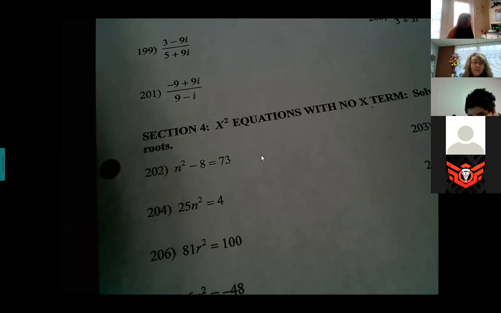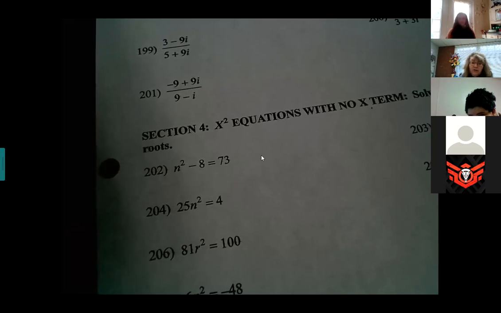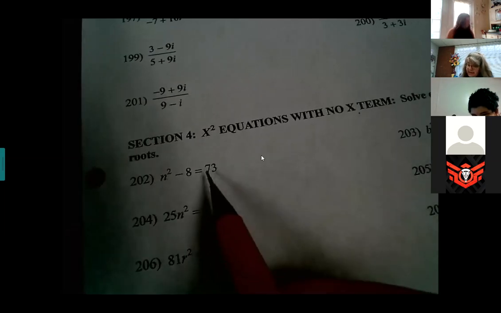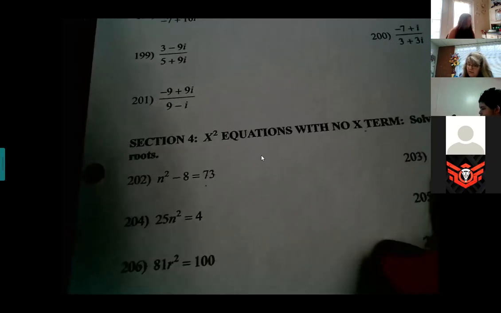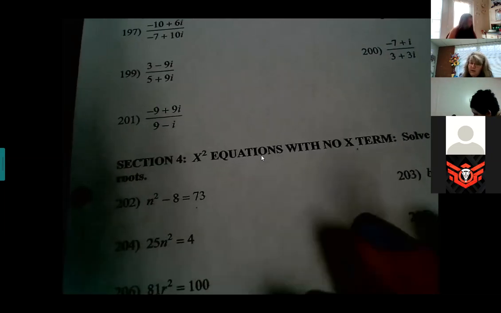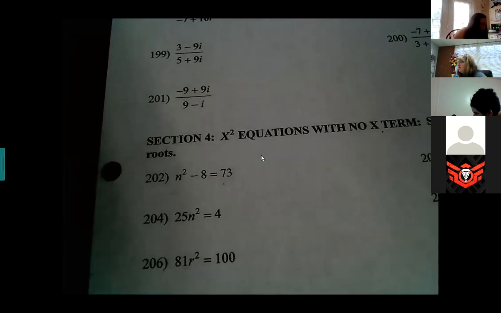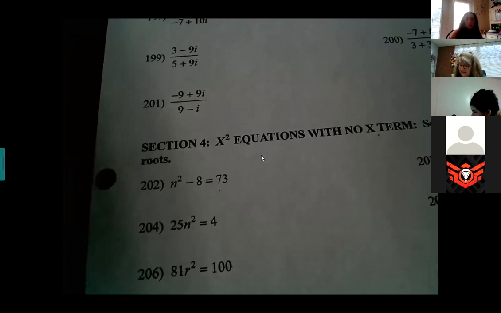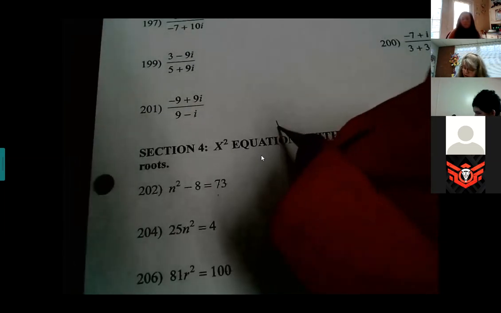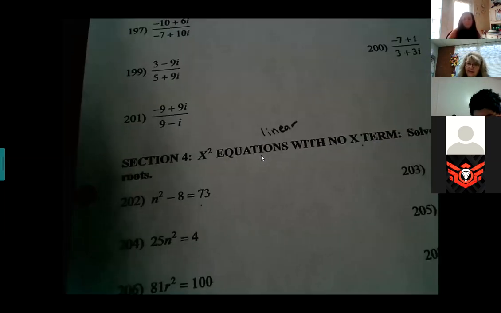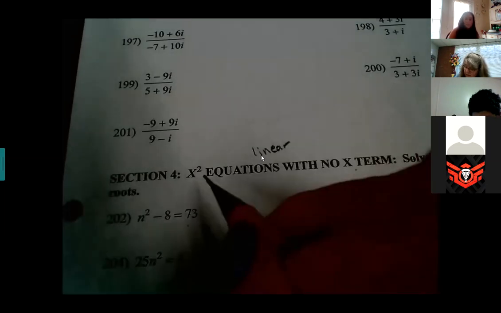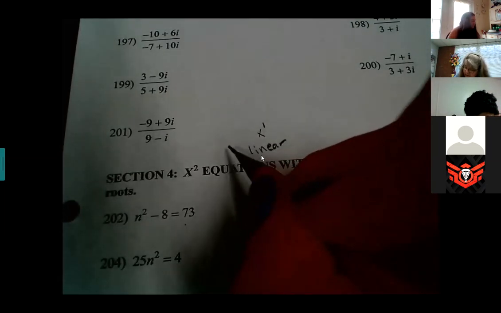Emmanuel said it doesn't equal 0, and that's true too. So this one doesn't equal 0, and it doesn't have a singular term. Let me use the correct mathematical word for that. Chloe said singular term. I knew exactly what she meant. The real term is linear. It doesn't have a linear term. Linear is x to the first.